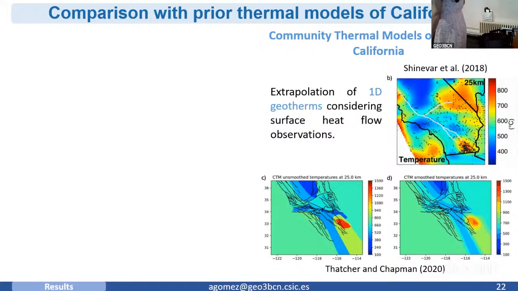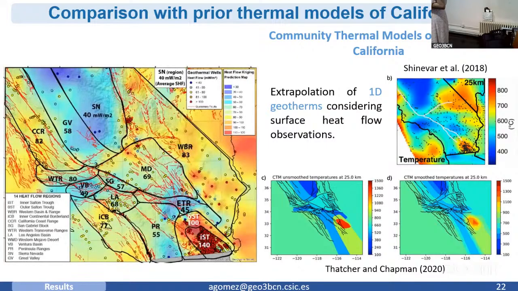And their approach is to rely on this extrapolation of 1D geotherms based on surface heat flow observations. As I showed you before, these observations may be related with diverse uncertainties, including the thermal blanketing effect of the sediments. So what they did was, for example, in the case of Thatcher and Chapman, they computed average surface heat flow for certain regions, so these black polygons.